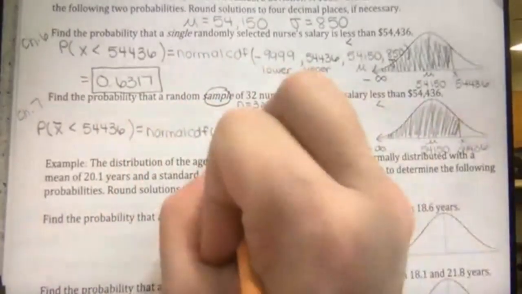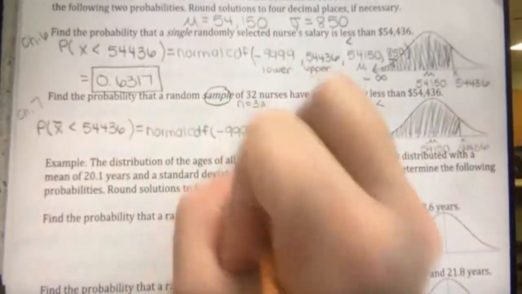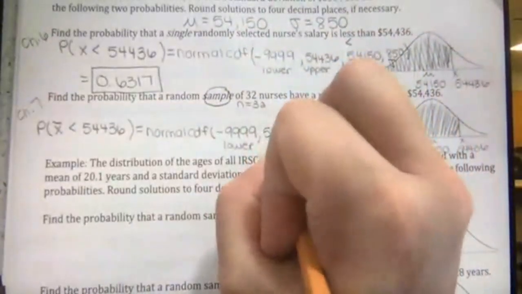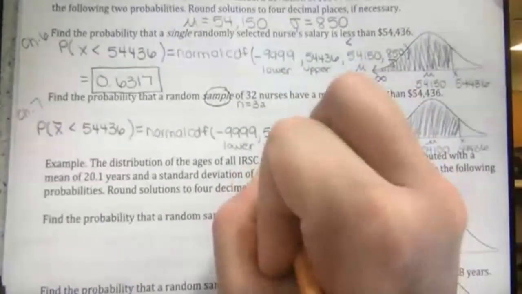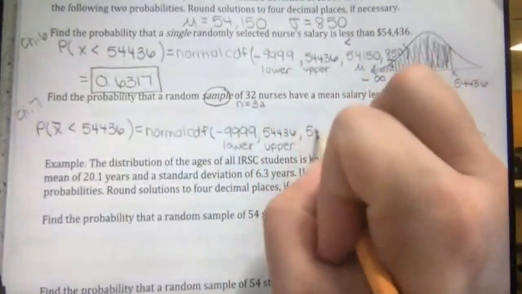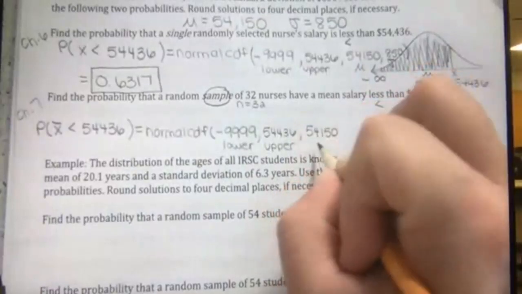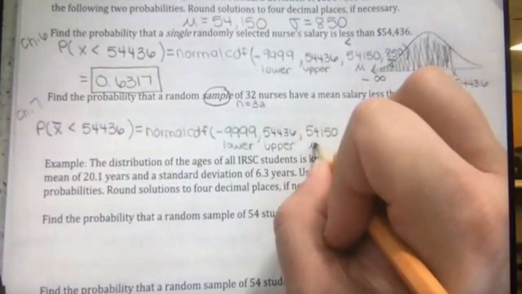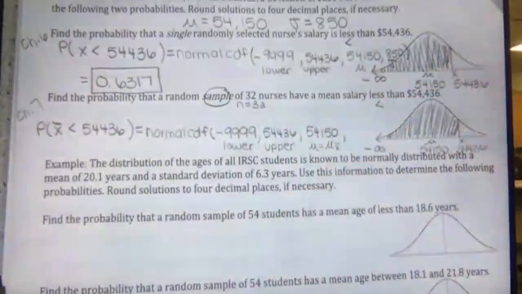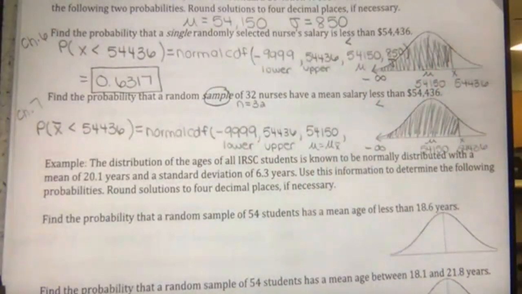Our lower limit's still negative infinity, so negative 99999. Our upper limit's still on the right-hand side, 54,436. Our mean is still 54,150, because remember, our mean is the same as our mean sub x bar. Here's the only thing that's different from chapter 7.